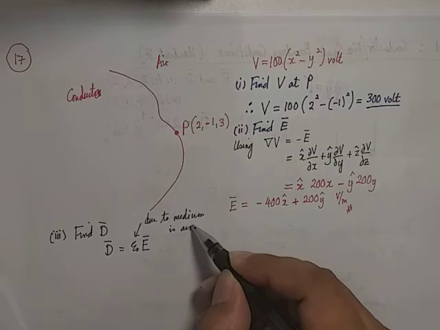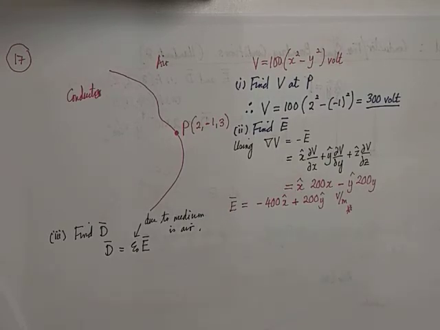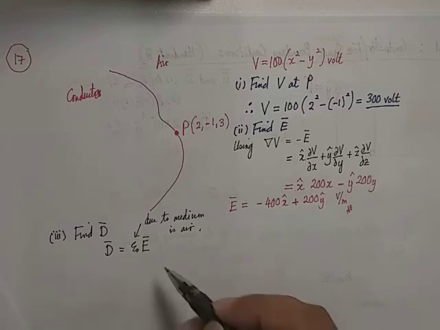Okay, that should be our solution. So just multiply the E that we obtained here with epsilon naught to get our D. So that's done as well.